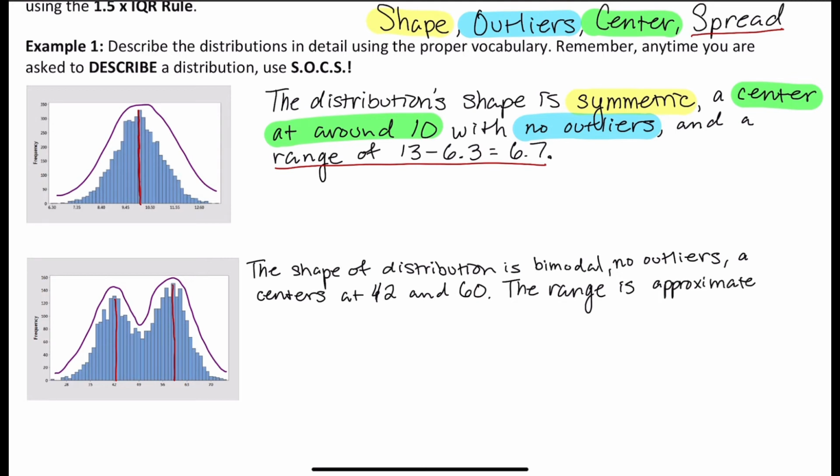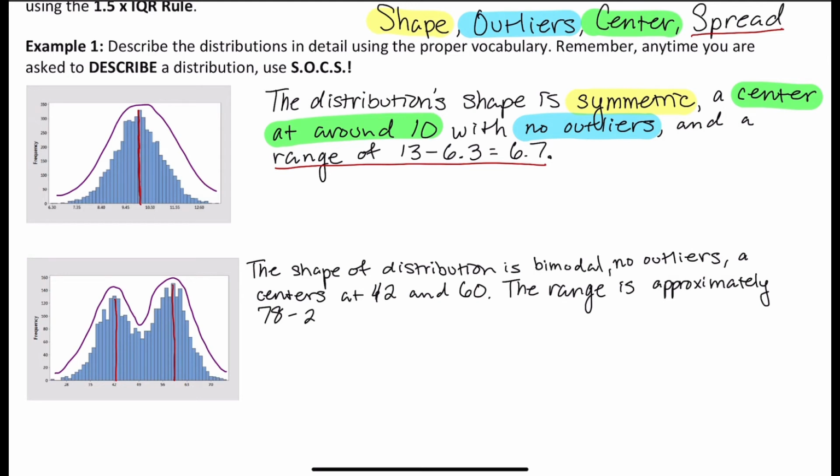So we'll say that the range is approximately, well, we know that the smallest number, it's kind of sitting out there at the left, but it's about, we'd say maybe like 25 or 24 or something like that. And our maximum would probably be closer to 80, maybe 78.